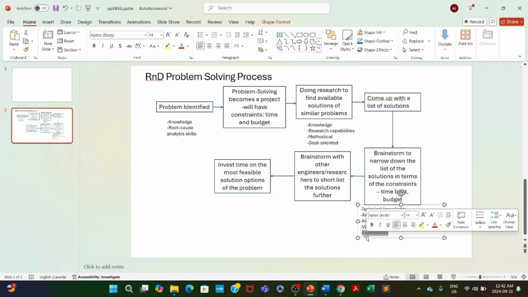and tell us the challenges. Say I start with 10 different solutions, and at this point when we brainstorm, it seems like five options are feasible in terms of all the limitations or constraints we have.